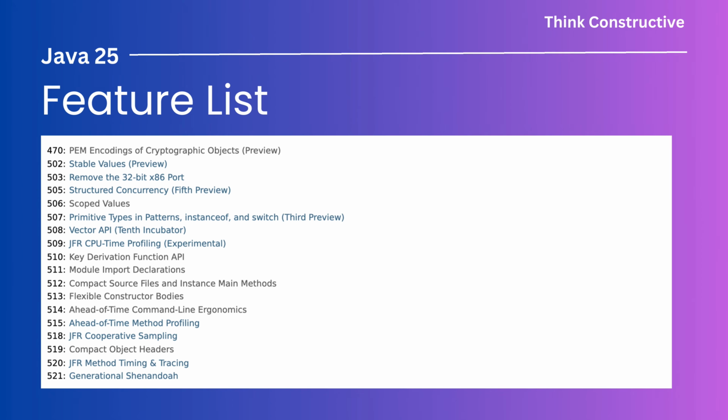You can notice that some features are not suffixed by preview, experimental or incubator. Those are the final features. So I'll be showing you some of the features which are part of the final feature list in Java 25.